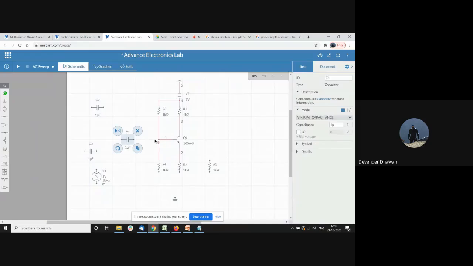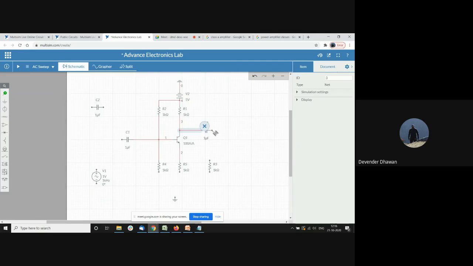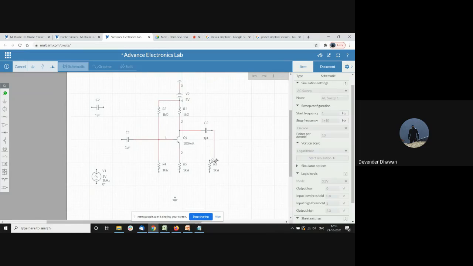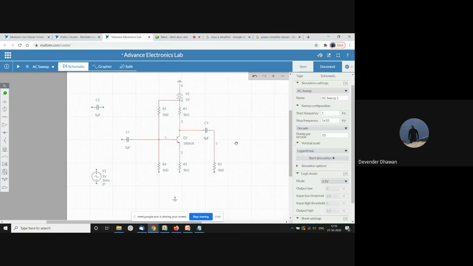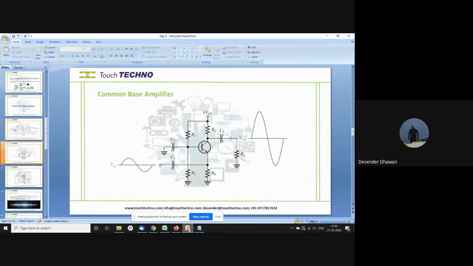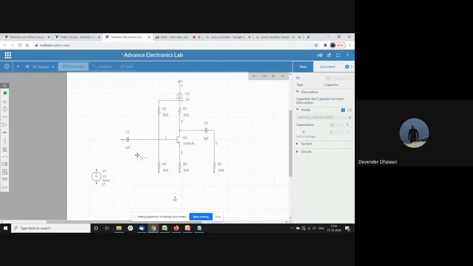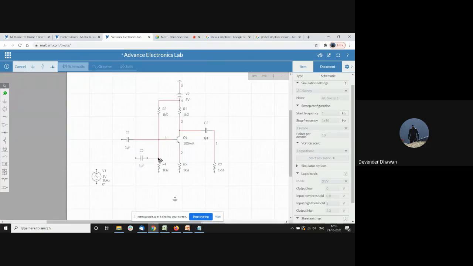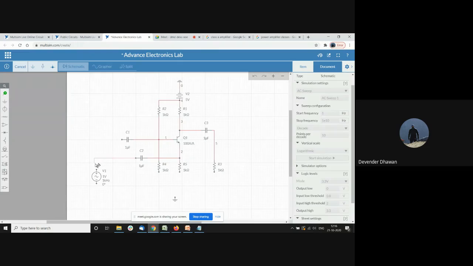One from there. Next one is this one, the input, is connected there to this capacitor.